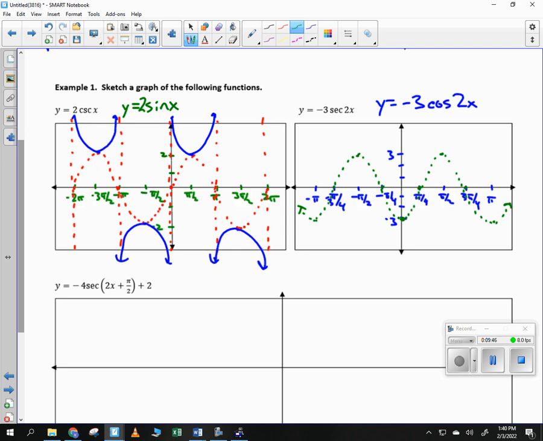Okay. Next step. Asymptotes. And now my U-shapes at the max and min.